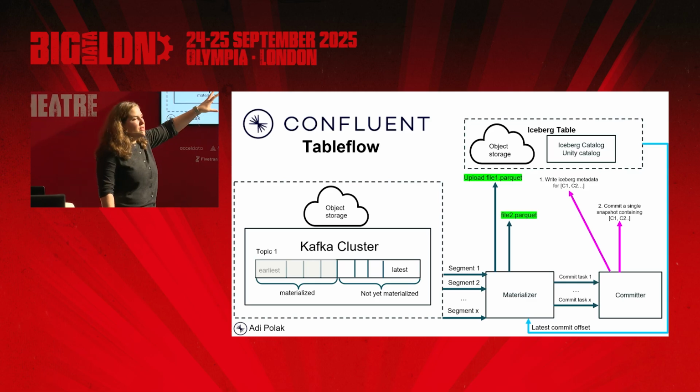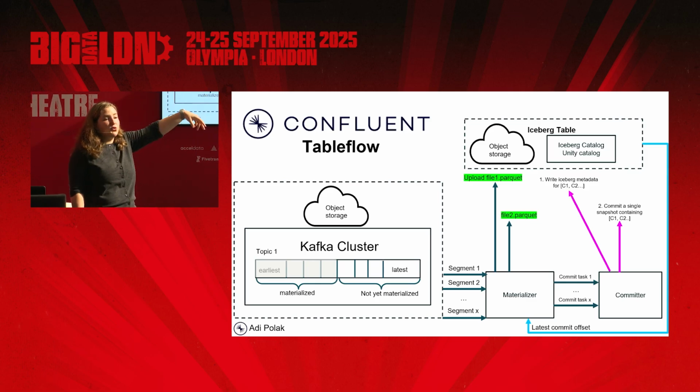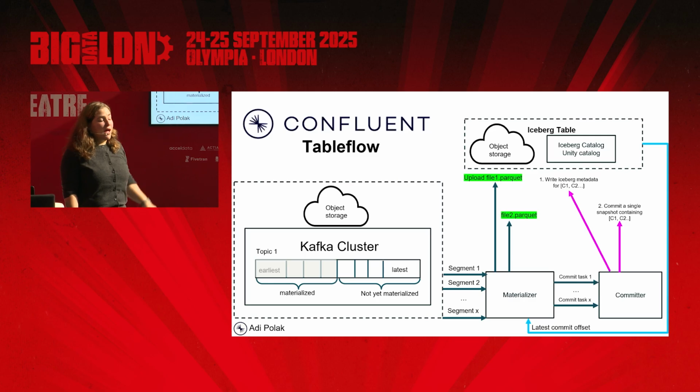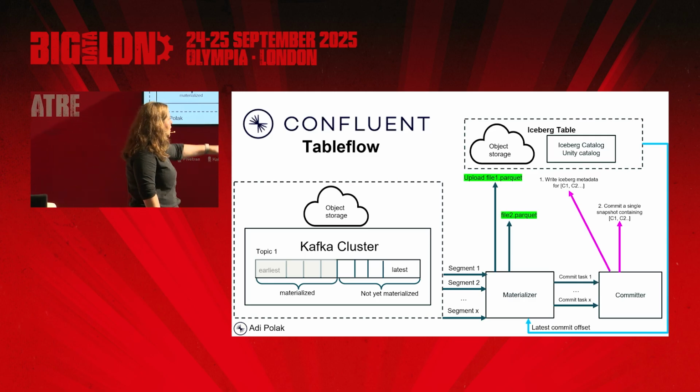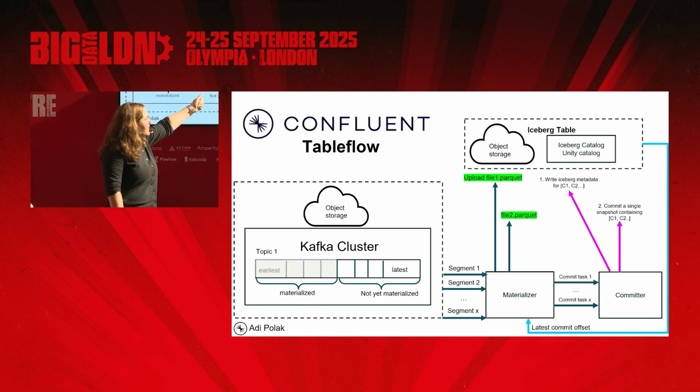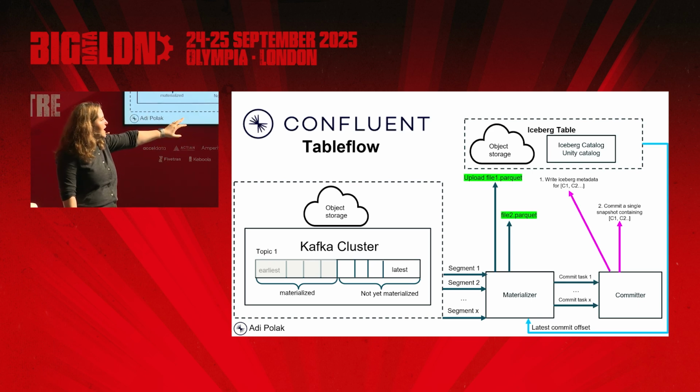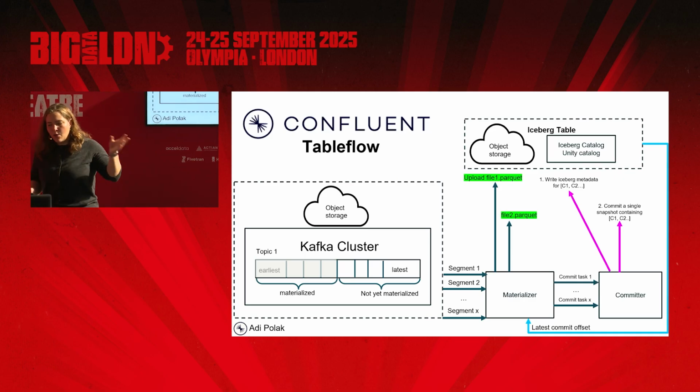If anything happens throughout that integration with my object store to write back to Iceberg, of course the whole process is going to fail, and we're going to revert back to the previous state in order to fix that and make sure we have high consistency. So you can see here, uploading the Parquet file, committing the task to the committer, and then a follow-up of the latest commit offset with the information that we just committed, and this is how we're maintaining the loop.